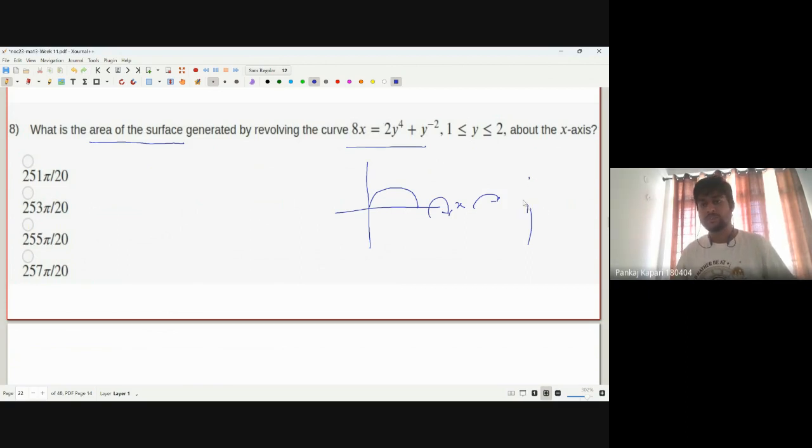It will give you some solid, the sphere, where the sphere is hollow, so only the surface is there.